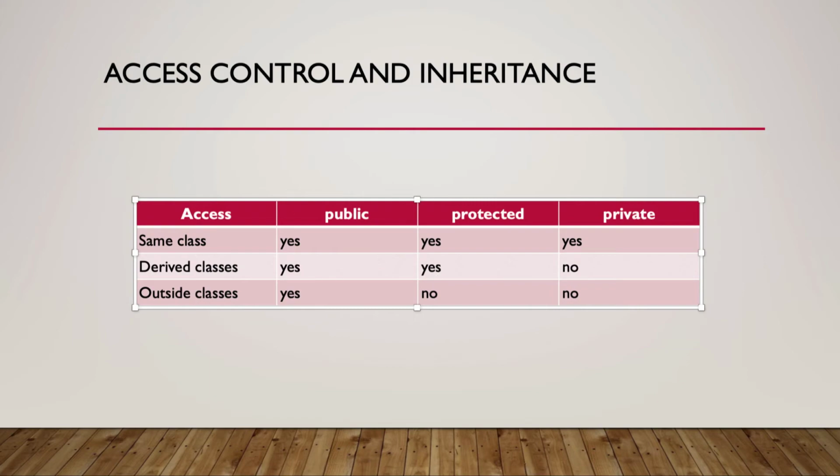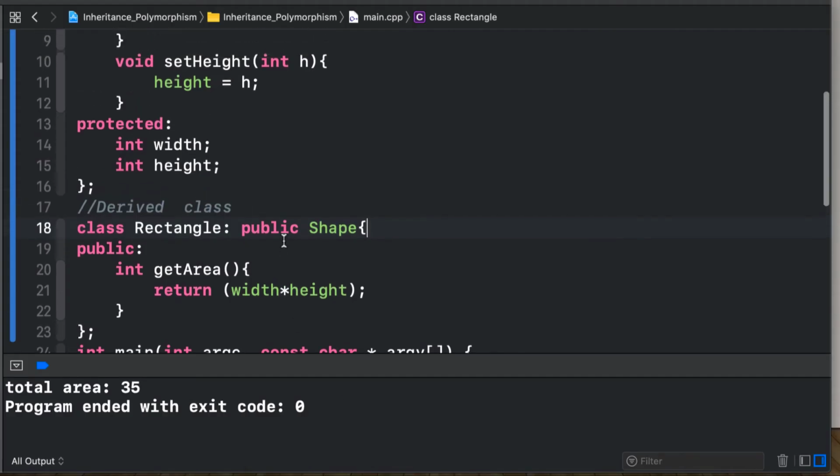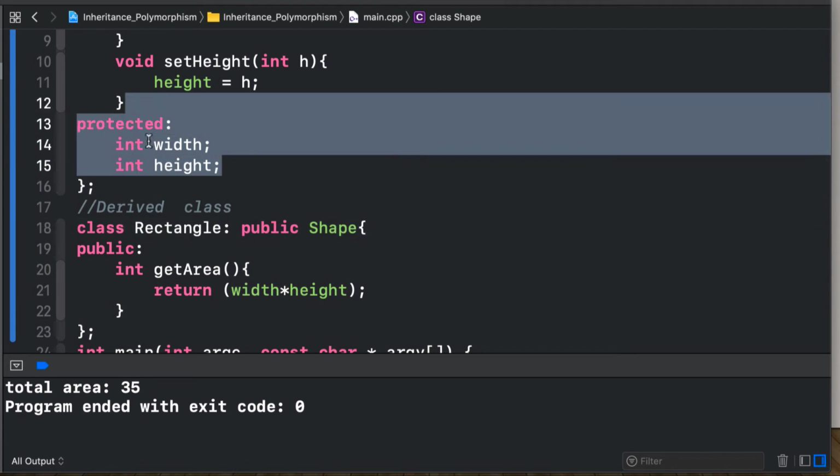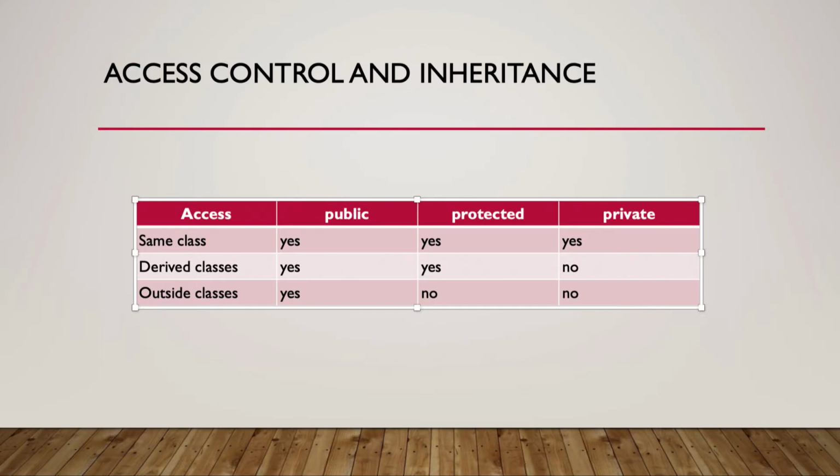Again, remember when we were writing our code over here, we defined those as protected, so the derived class down here now has access to it. But the outside classes cannot have access to it. So basically, by putting a member as protected, you just ban the outside classes from gaining access to that protected part. And then if you set the specifier to private, then only the same class can have access to it.